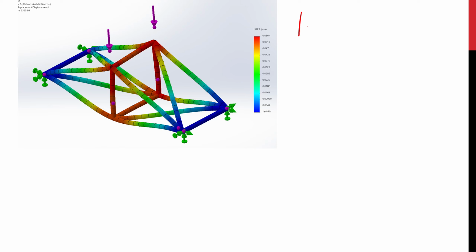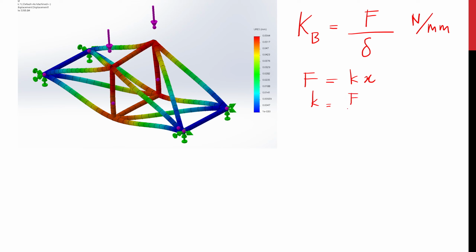So K bending is equivalent to force over, I think, deflection? Deflection. Because the unit will be Newton per millimeter. So this equation comes from F is equal to Kx lah. So K equals F over X. Same lah.